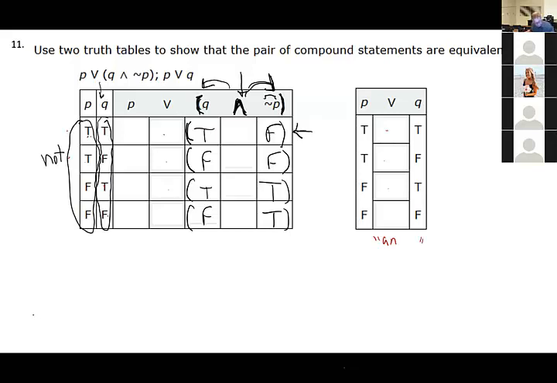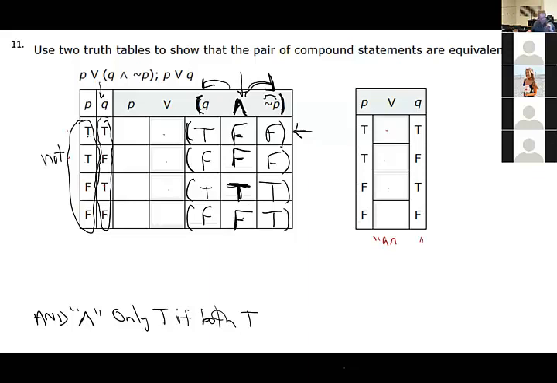Well, what's the shortcut for and? For and, which is a V, it's only true if both are true. So when I'm doing that, the only time I see both trues is right here. That's both true, so that's going to be true. There's no both true anywhere else, so that means everything else is going to be false. So are you with me there? Yes.